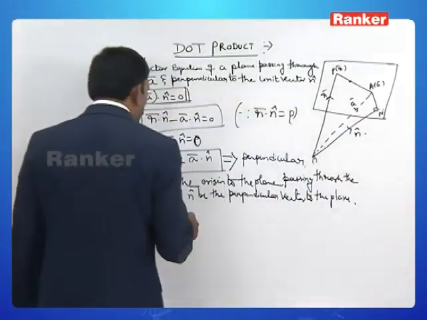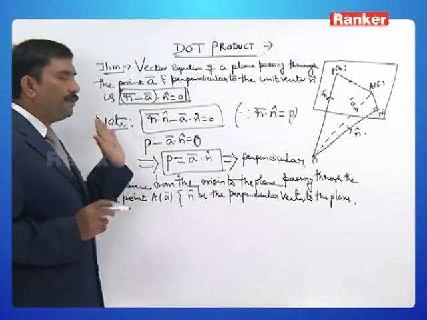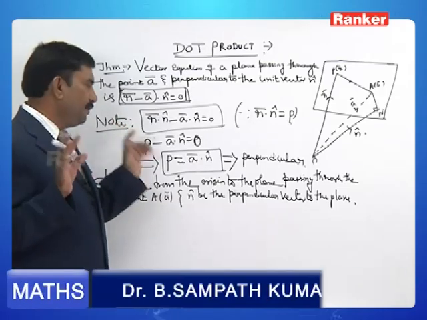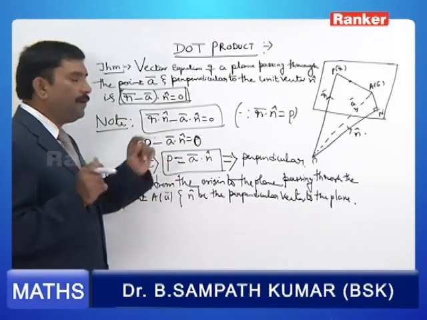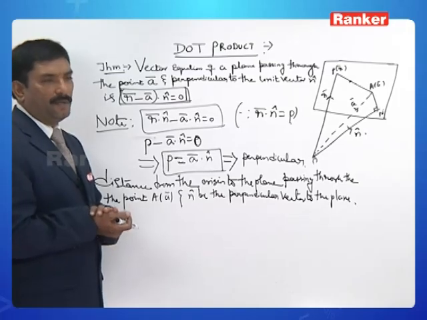So therefore, hereafter, whatever the point is given, you have to find the dot product. Remember, P is equal to A bar dot N cap represents the perpendicular distance from the origin to the plane. Right. Thank you.